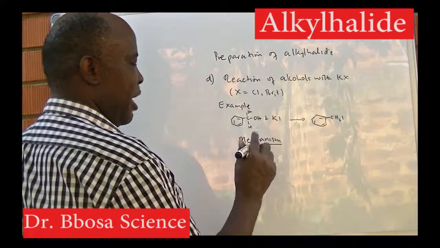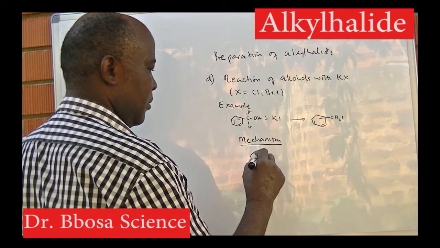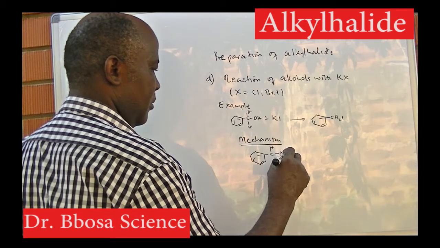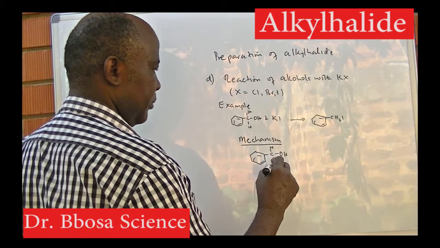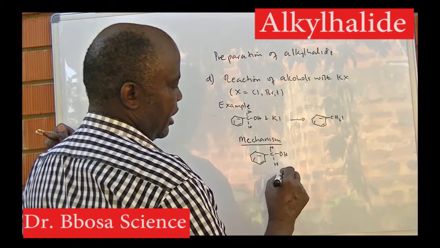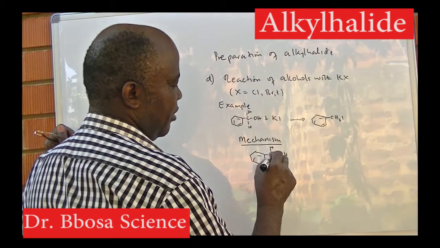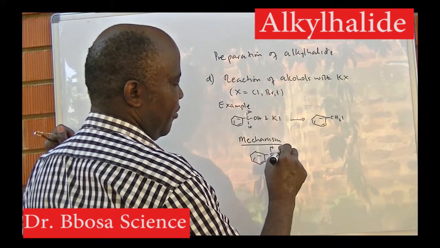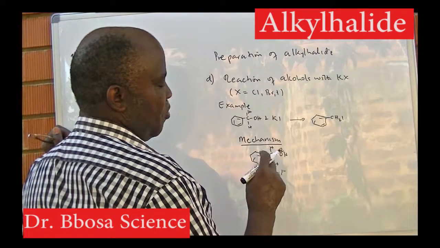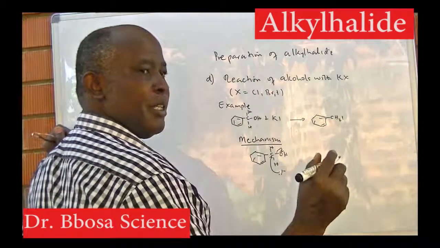Then the mechanism, this being a primary alcohol, the iodide ion will use a lone pair of electrons to displace the OH ion as it leaves. The iodide ion will use a lone pair of electrons to bond with the carbon atom which carries the OH as the OH ion leaves.